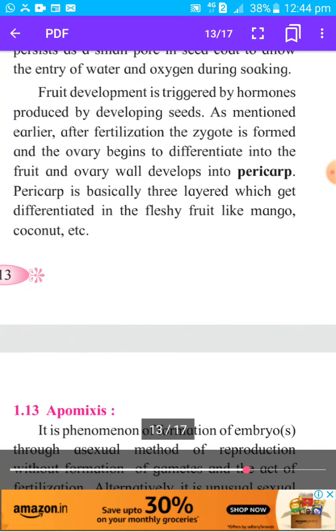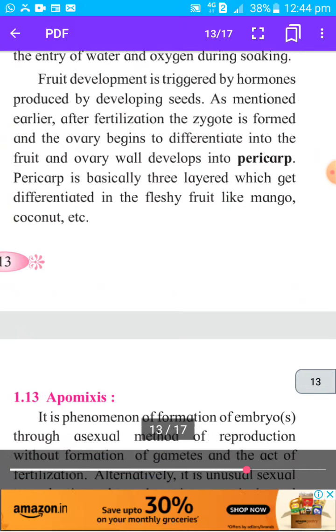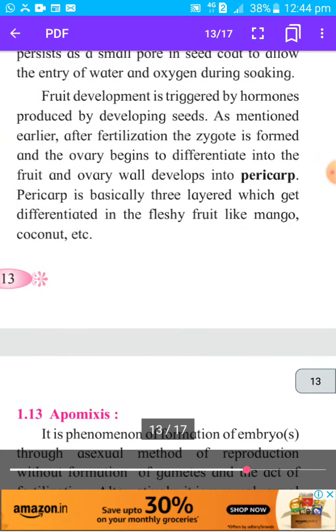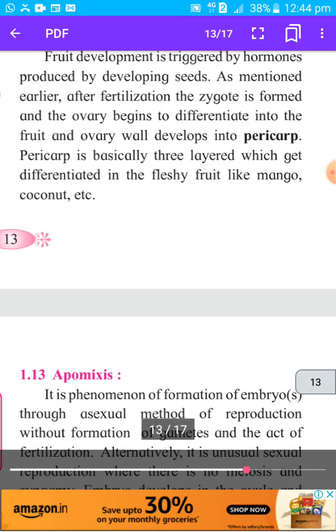Then fruit development is triggered by hormones produced by developing seeds. So as we know, the ovary converts into fruit. There are some hormones and these hormones start this process of fruit development. As mentioned earlier, after fertilization the zygote is formed and the ovary begins to differentiate into fruit, and the ovary wall develops into the pericarp.